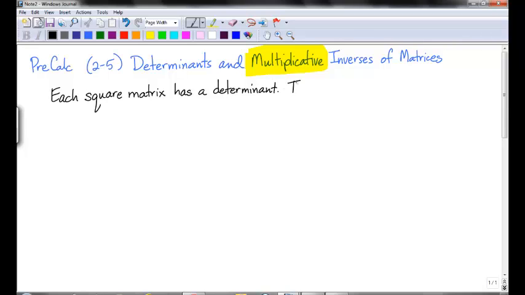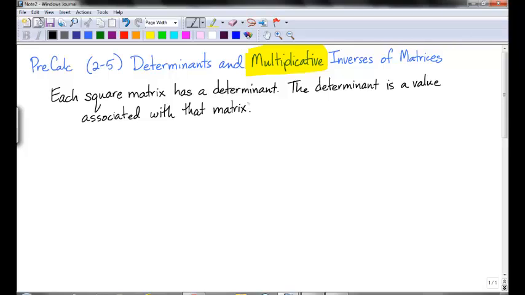And the determinant is a value associated with that matrix.